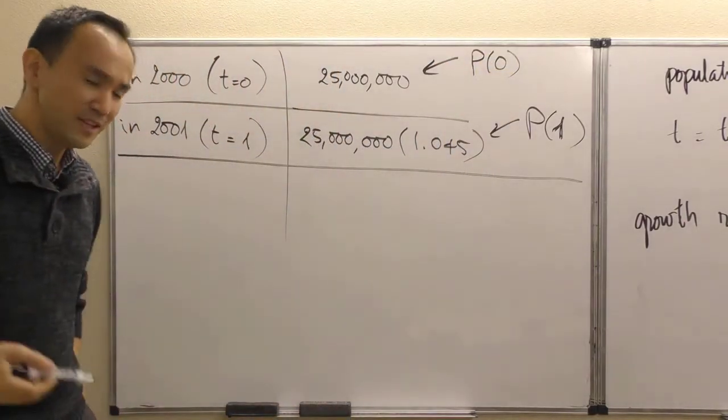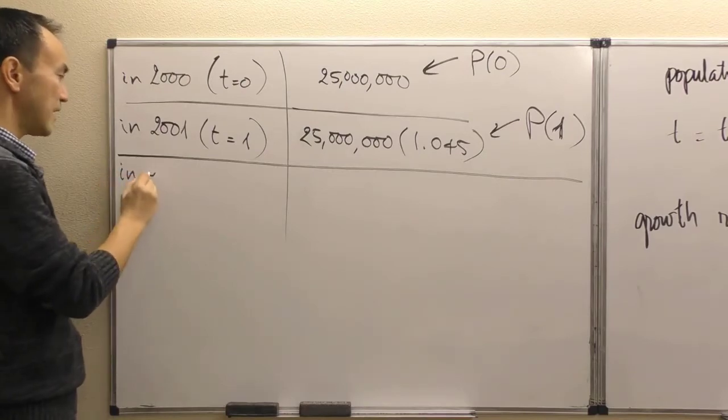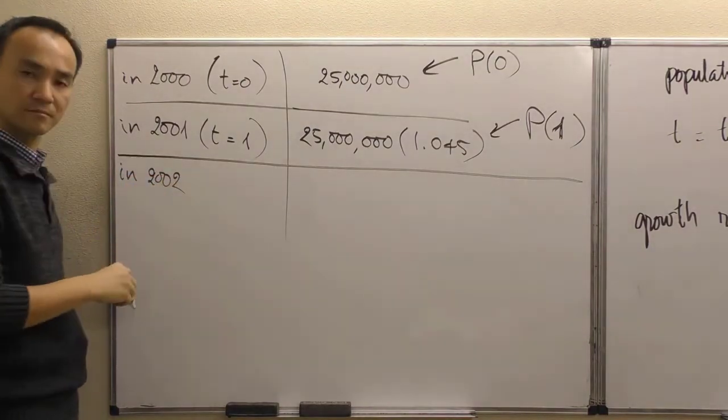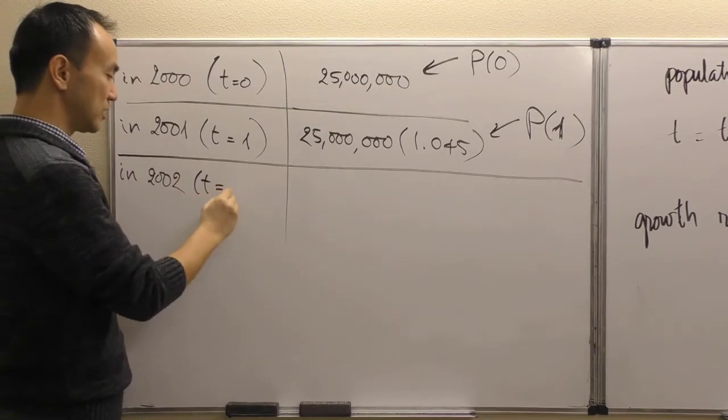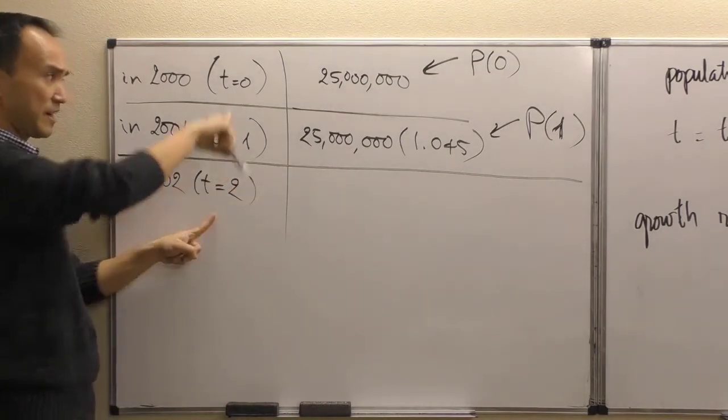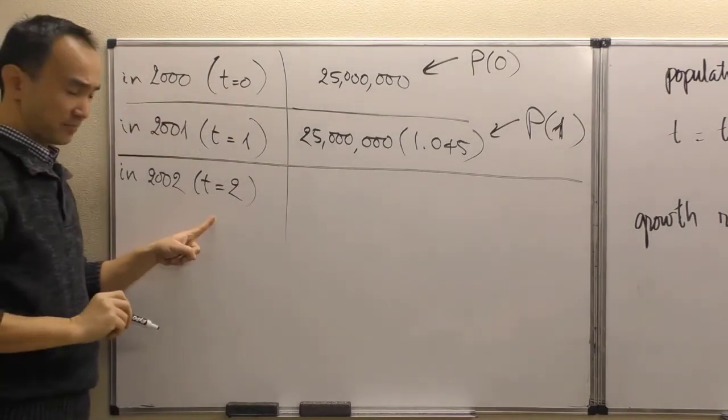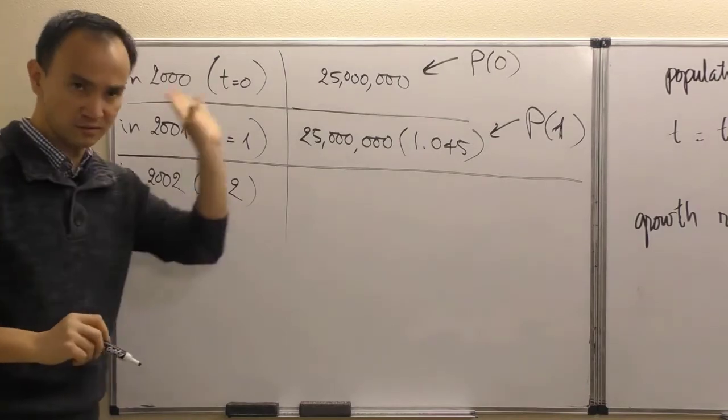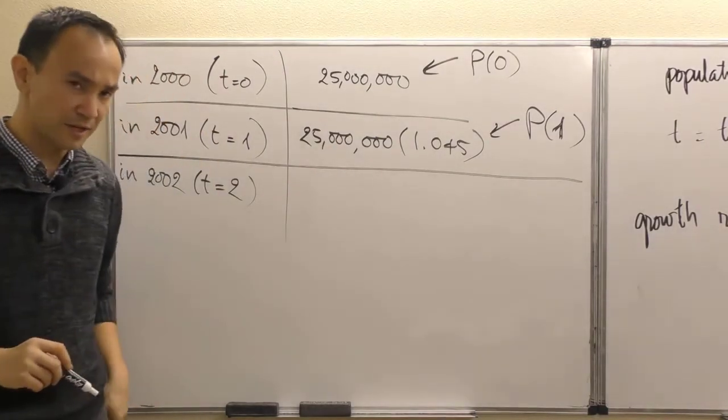All right, let's go further. So now in 2002, this means t equals 2 years. 2 years now counted from year 2000. That means there has been 2 years gone by.